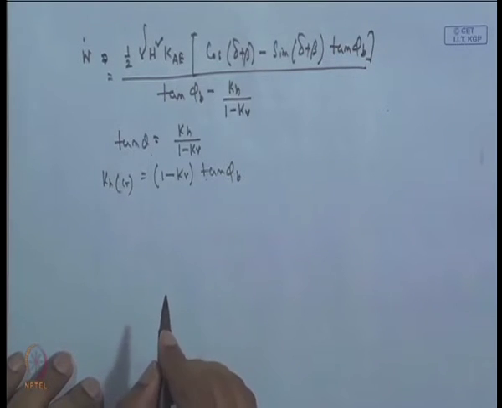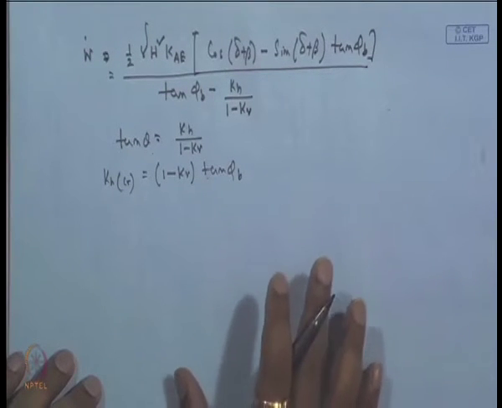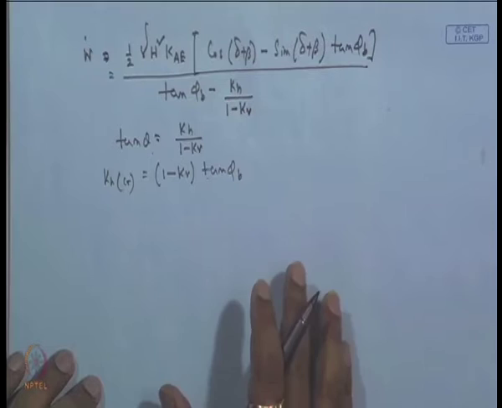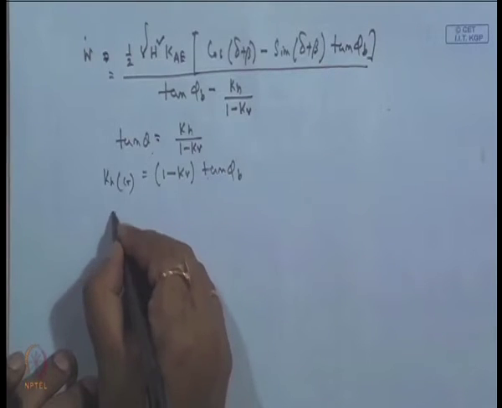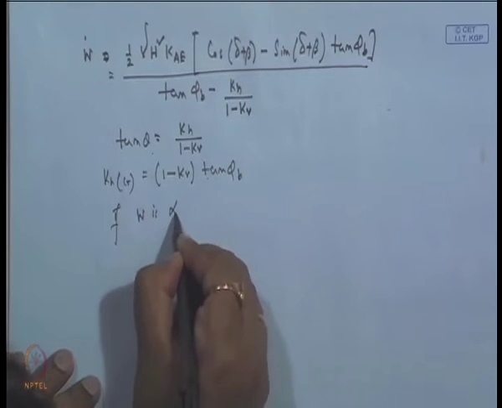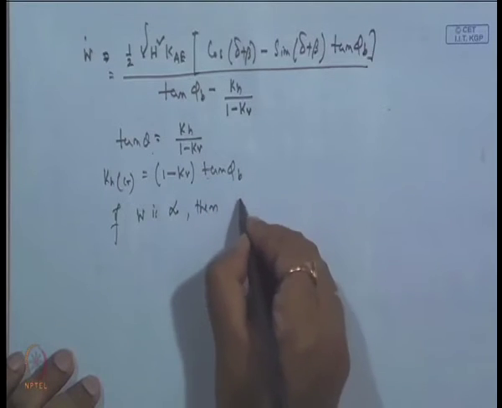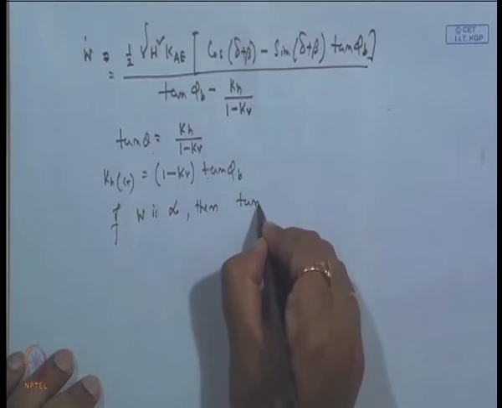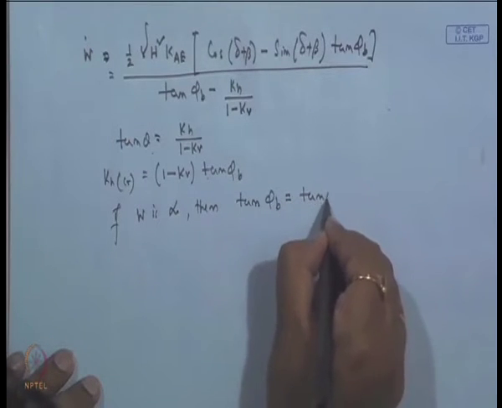Now, one thing: to make this retaining wall stable, we have to increase the weight, and it is properly stable if we can make it infinity. So, now if W is infinity, then we can write tan phi b is equal to tan theta.